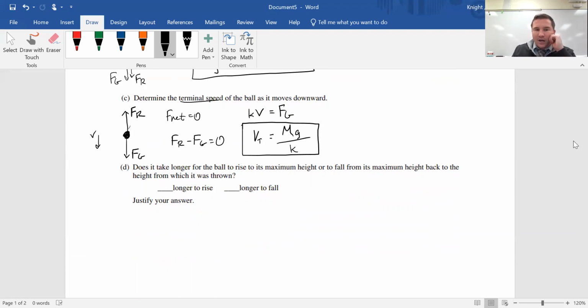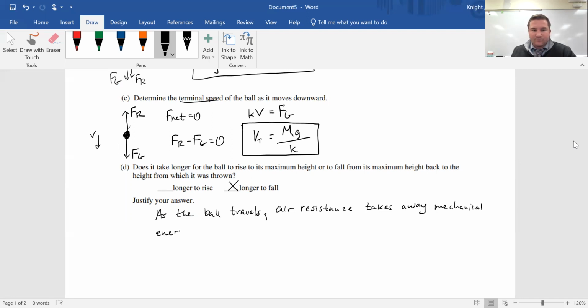So it takes longer to fall. Why does it take longer to fall? As our ball travels, that resistive force, the air resistance, takes away mechanical energy, which means the total speed of the ball is going to decrease as we go along.